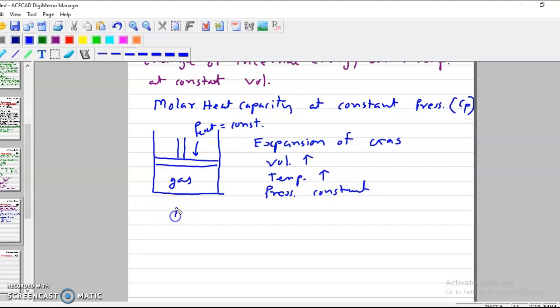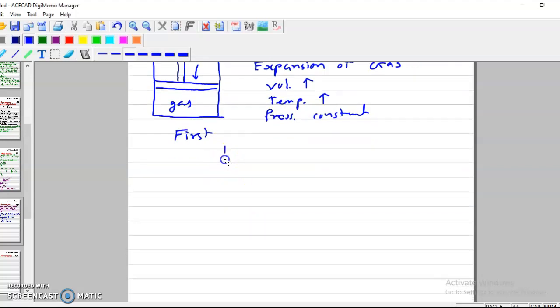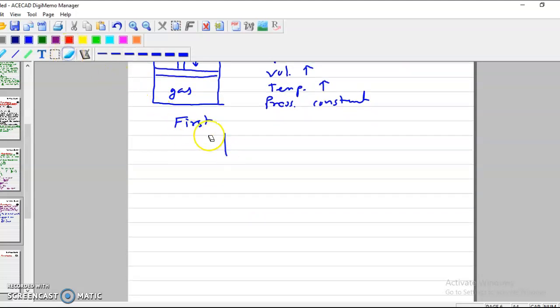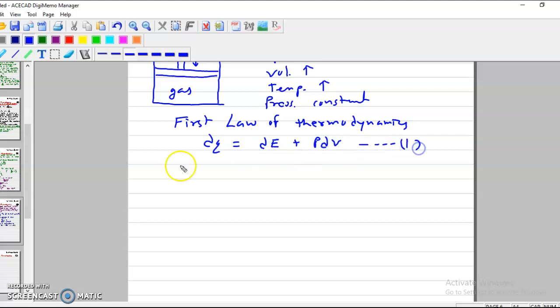So according to the first law of thermodynamics, we write dq is equal to dE plus PdV. This is equation number 1. Now divide this equation by dT.